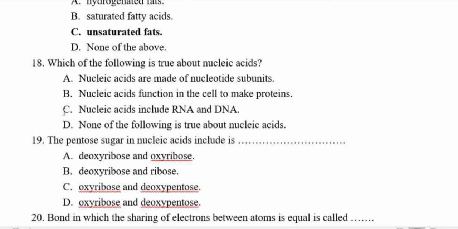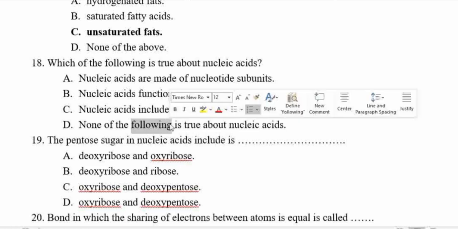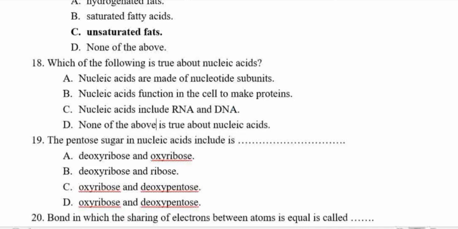Option C says nucleic acids include RNA and DNA. Then D says none of the following is true about nucleic acids. So this one is supposed to be none of the above. None of the above is true about nucleic acids.